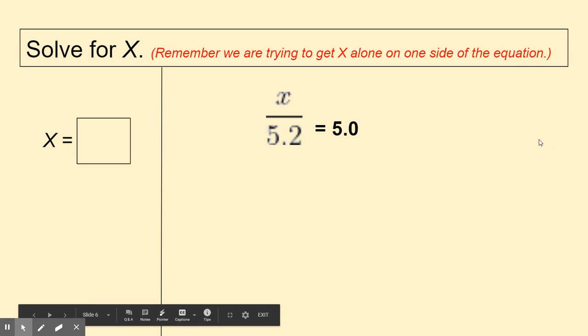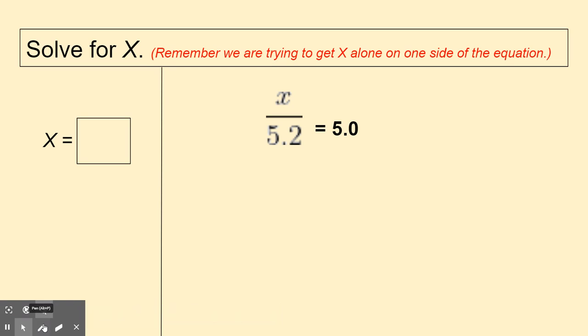Moving on, we have 1 or 2 more practice problems, and then there's going to be some homework for you guys to do. So, this is hard to read too. This is supposed to be an x. There we go. So x divided by 5.2 equals 5. Start by drawing our line all the way down. We know we have division here.